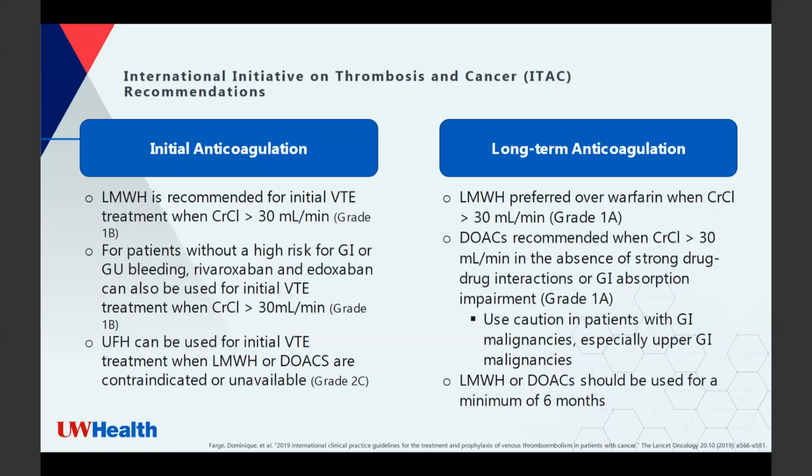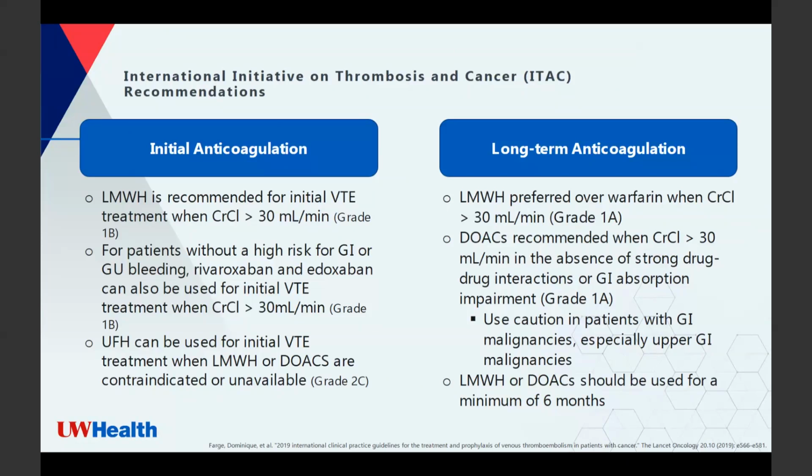I want to point out that the recommendation to use DOACs does not call out a specific DOAC to use, but does state that the available studies showed increased GI bleeding with edoxaban and rivaroxaban in patients with GI malignancies. They also call out that the data for use of other DOACs is needed to assess GI bleeding risk, as other agents may have different risk profiles and they're not the same between DOACs.